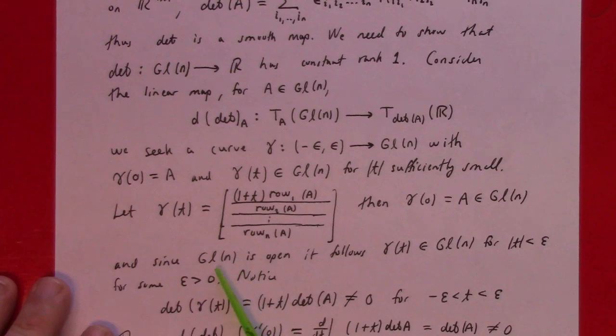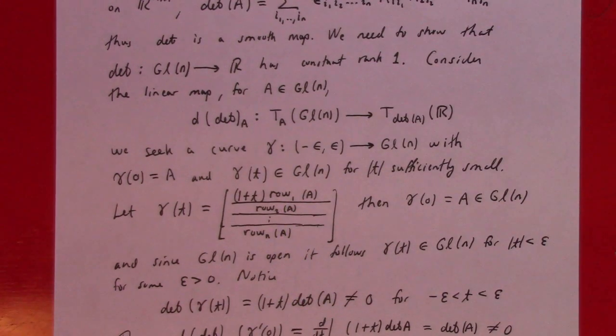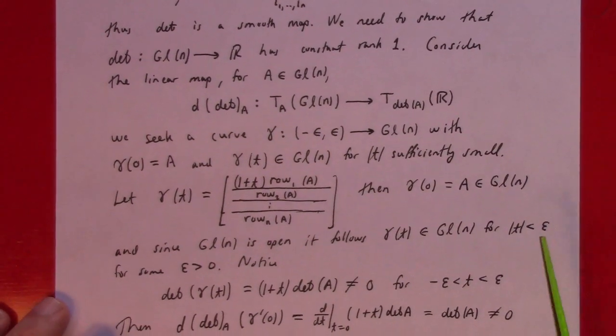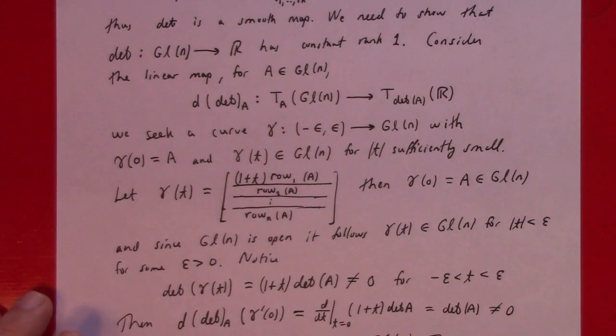Since GLN is open, gamma of t is still in GLN for t sufficiently small, because you can't jump from the determinant being non-zero to the determinant being 0 infinitesimally. There has to be a range of time it takes to get from invertible to non-invertible. Certainly gamma of 0 is invertible, so we can't jump straight to non-invertible. For a sufficiently small time, it doesn't happen by the continuity of the determinant.